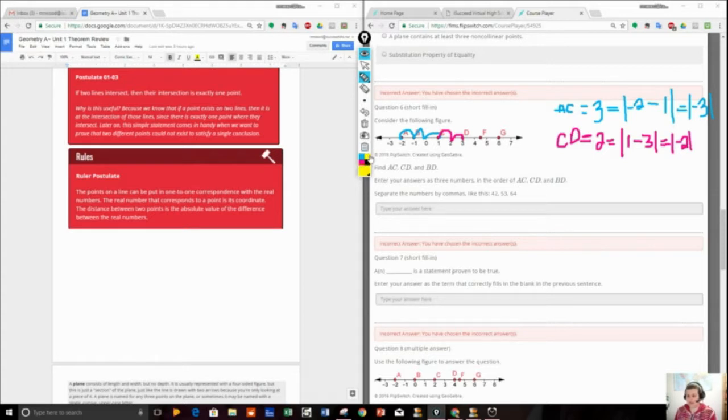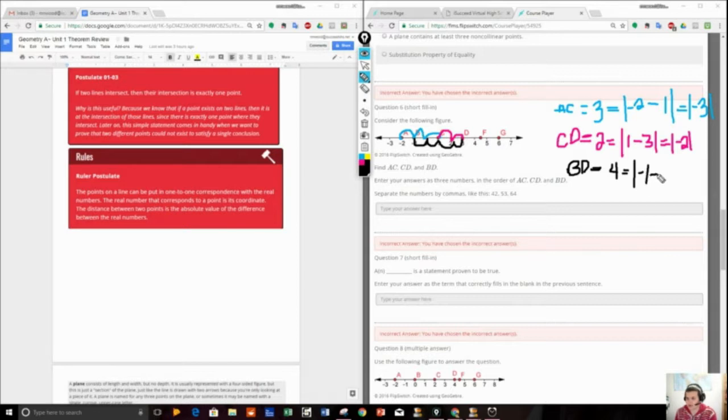And the last one we need to find is BD. So B, 1, 2, 3, 4. So BD is going to equal 4. Or, again, you could use the distance formula. B's location is -1.